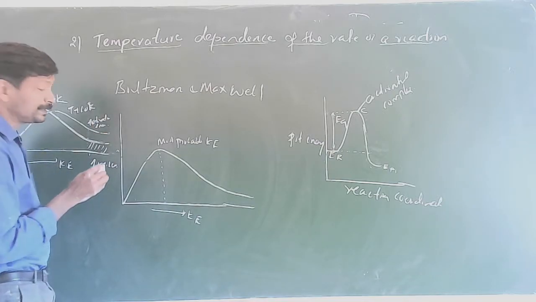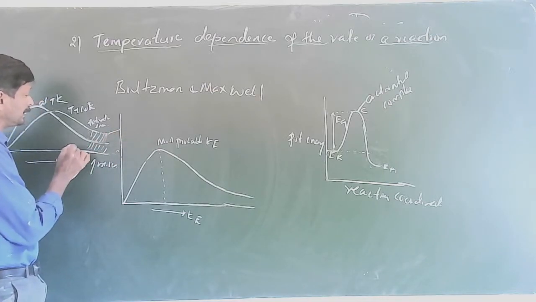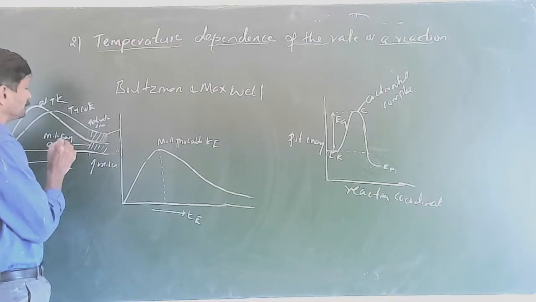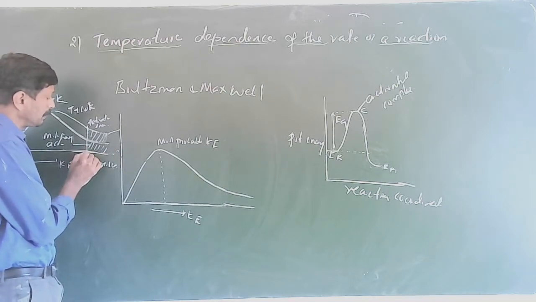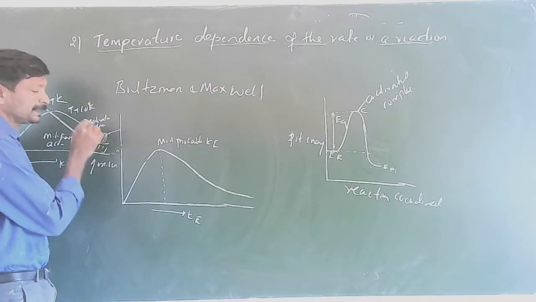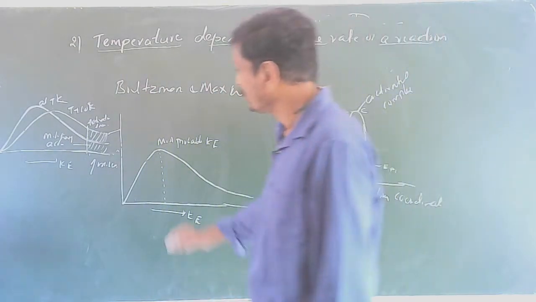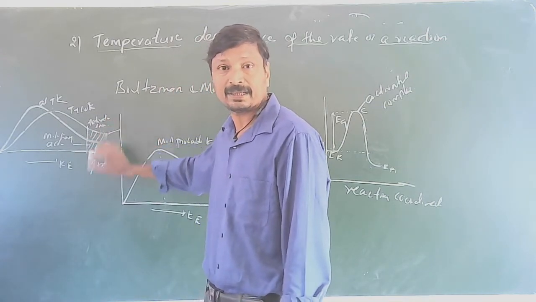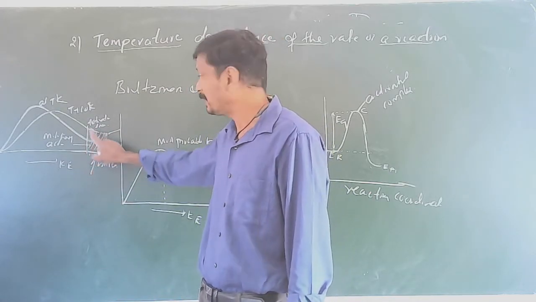This line is the activation energy, and after this line these molecules have activation energy. With a 10 degree increase in temperature, the number of molecules having activation energy doubles. This area is the additional molecules having activation energy at T plus 10 degrees centigrade, and this is the molecules having activation energy at T degrees centigrade.